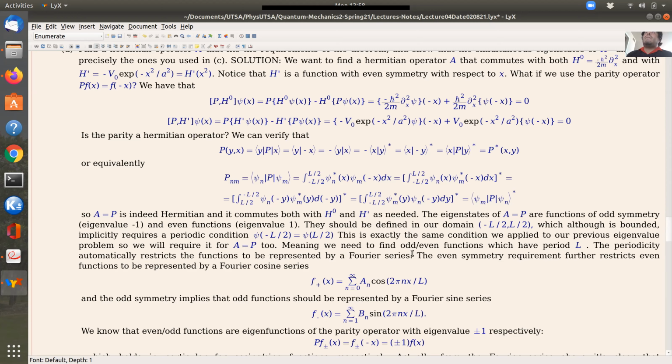We are arriving at this from a very different condition. We're basically saying, give me all the functions that are even or odd, but that have to be periodic with a periodicity L. Because they have a period L, they can only be represented by a Fourier series.